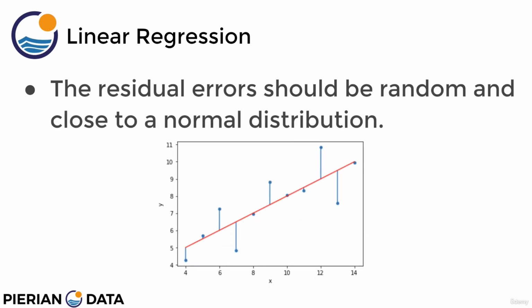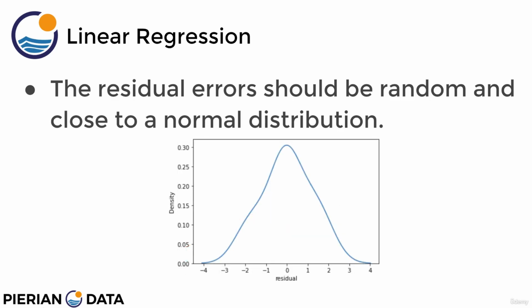So the residual errors in general should be random and close to a normal distribution. Here we have again that same best fit line and then a marker for the residual errors themselves. If I were to check out the distribution of the errors, that is the distance from the true y point to my y hat line of best fit, I should get something that looks normally distributed.